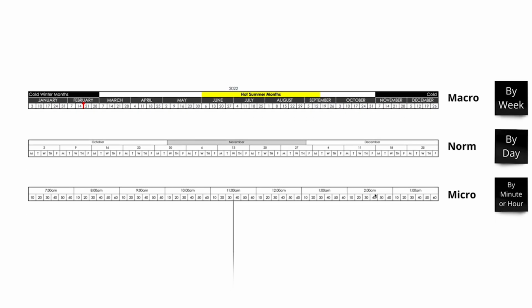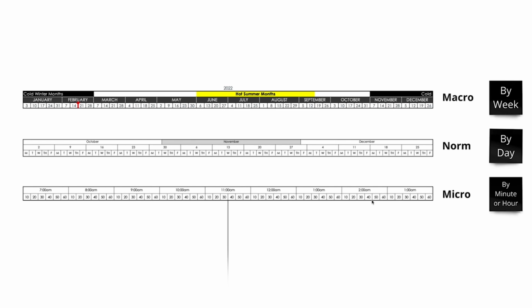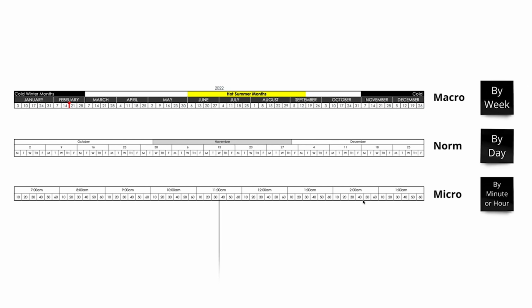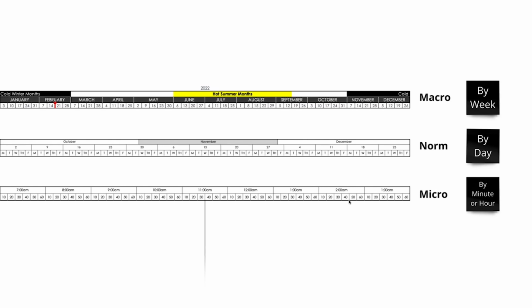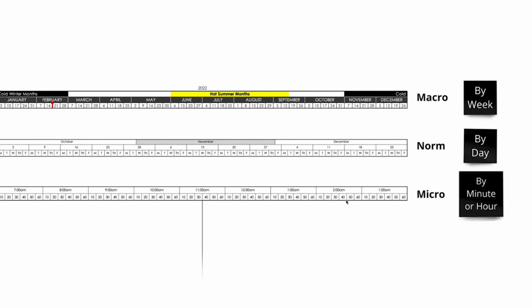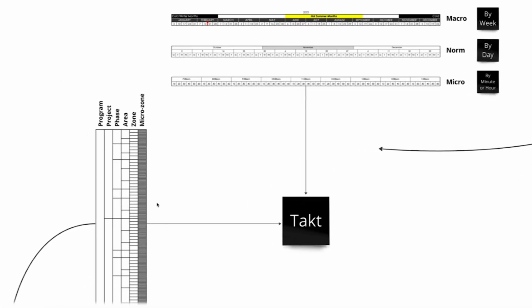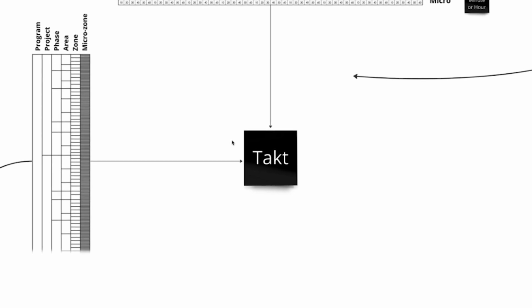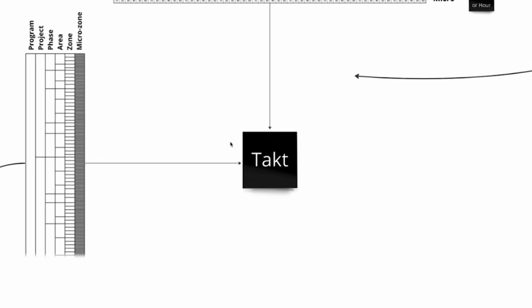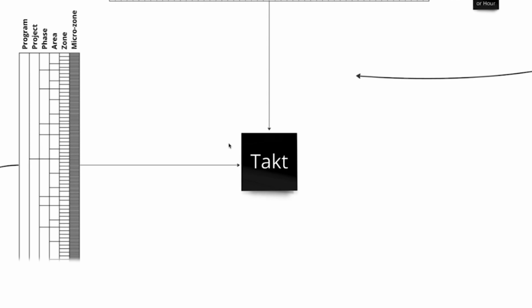And then you have the micro level formats where, if you're doing shipbuilding or certain types of renovations or whatever the case may be, or civil work, you can go down into the hour by hour, minute by minute in the micro. So that's by minute or hour. The bottom line is that when you see it in a time by location format, you have the intersection of time and space where you see how much work fits in that zone size according to a certain takt time. And this enables us to see everything that we need to see.